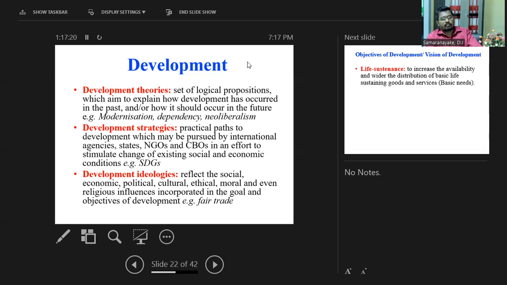This ideology will reflect different contextual practices and ideas, the social, economic, political, cultural, ethical, moral, and religious influences on different objectives in development. So how these influences generate different ideas and ideologies. For example, the ideas about fair trade had different versions because of different cultural, political, moral, and religious values.